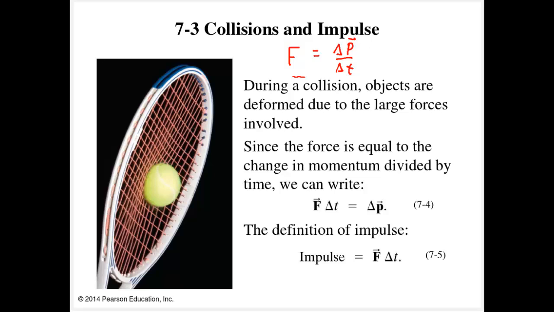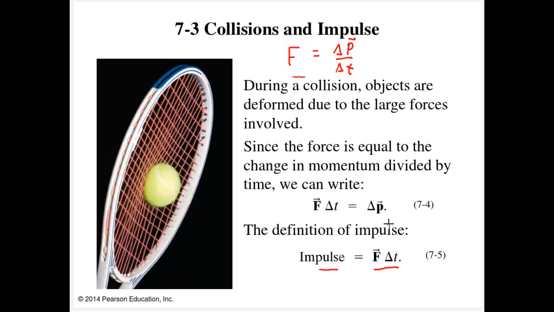And the book defines this to be a special quantity, called the impulse, which is a force multiplied by a change in time. Note that this is also equal to the change in momentum.